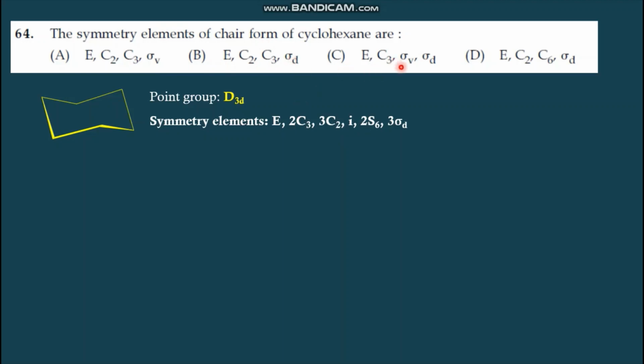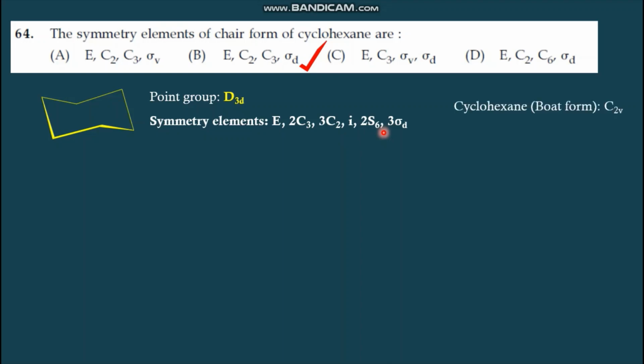In option C also σv is there, which is not present in D3d, and in option D, C6 is there, which is absent in D3d. So the elements E, C2, C3, σd are present, but actually it has E identity, 2C3, 3C2, i, 2S6 and 3σd. These are the elements, and it has an order of 12.